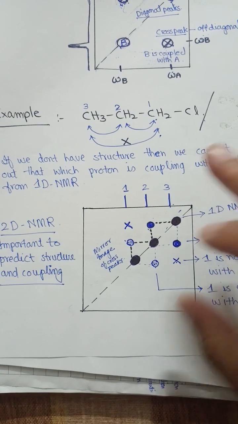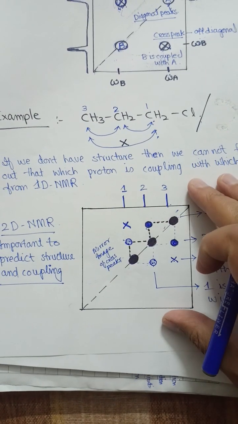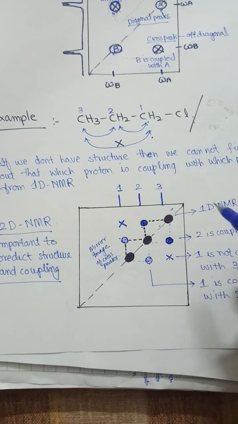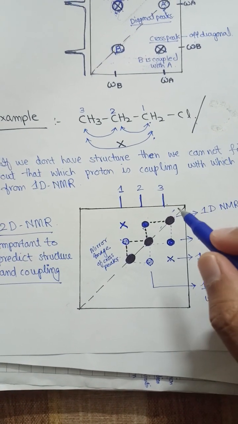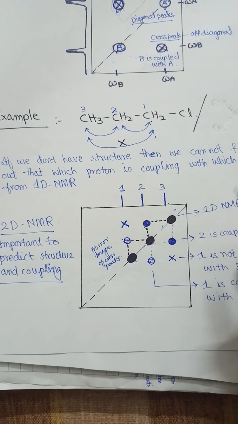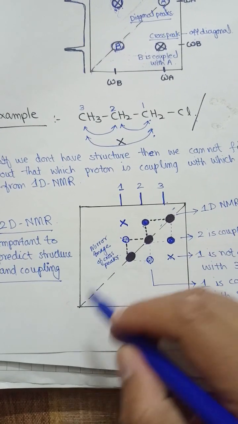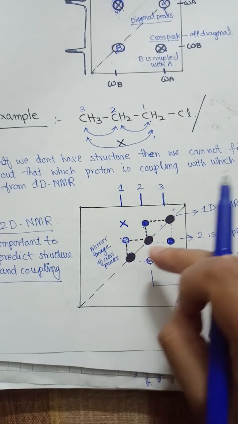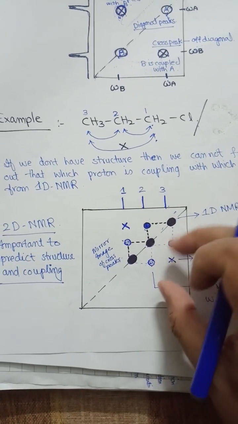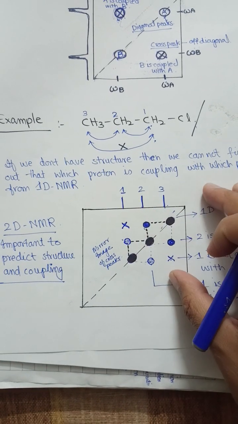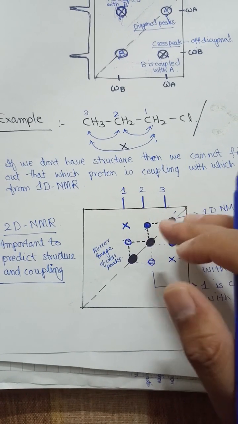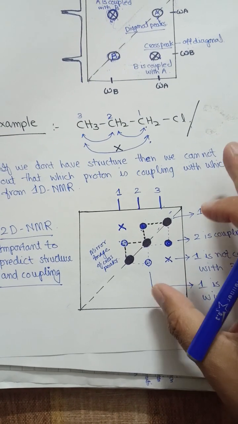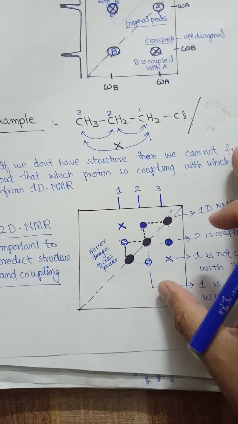NOESY is similar to this, but in NOESY there is no J coupling between the protons. In NOESY it is long range, or we can say that protons present in the vicinity of a proton affect that proton, and that kind of signal can be produced during NOESY 2D NMR, which is also called nuclear Overhauser spectroscopy.